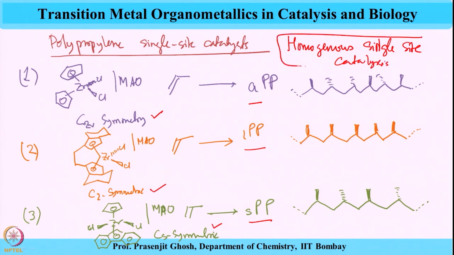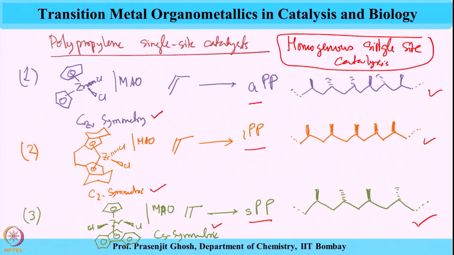So, this is the strength of organometallic chemistry, particularly homogeneous catalysis, in being able to produce so many different types of polypropylene polymers on the basis of symmetry, catalyst structure and so forth.